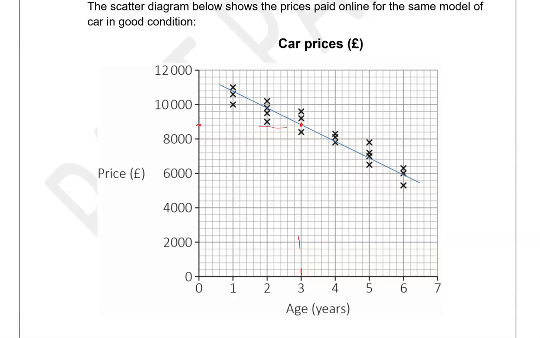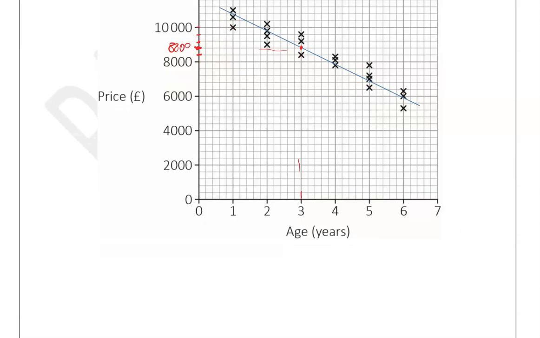Now that's between 8,000 and 10,000. We've got 5 divisions, so this must be 8,800, going up 400 each time. So 8,400, 8,800, 9,200, 9,600, 10,000. So that works. So 8,800.